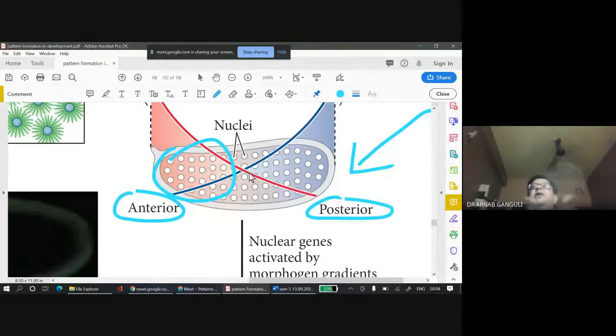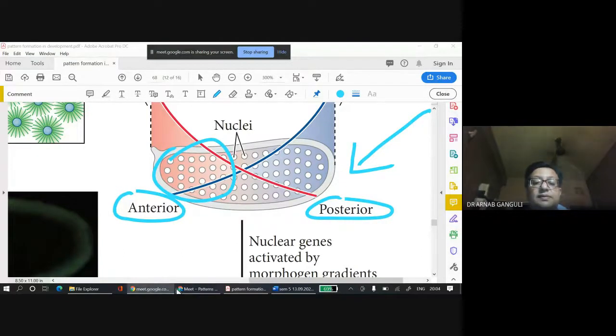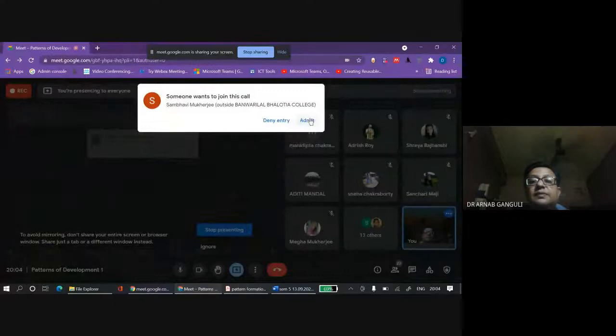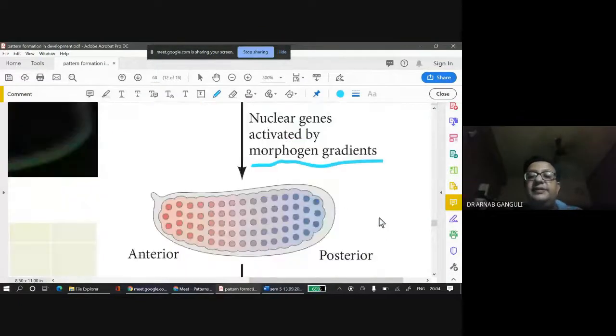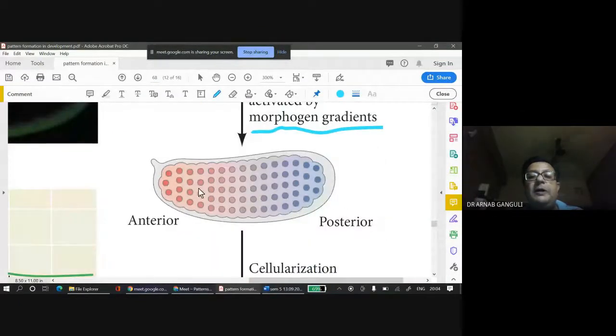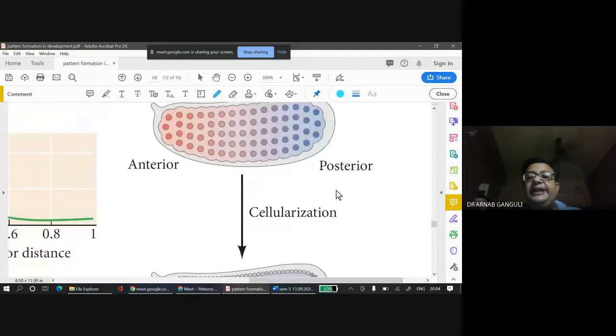So depending upon the gradient concentration of bicoid and caudal, they are becoming specified into posterior and anterior end.